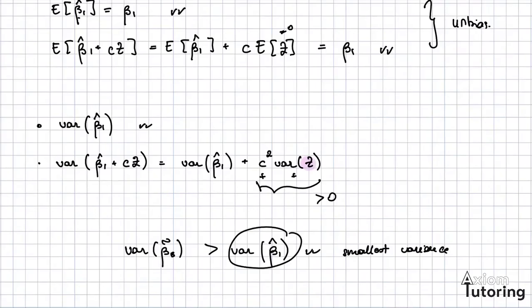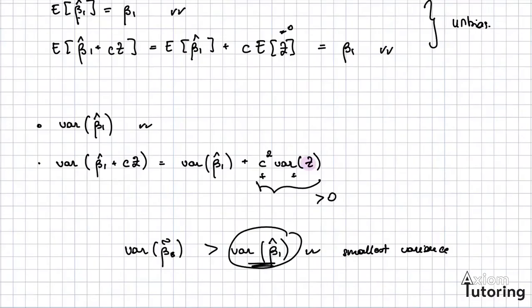There is a connection here also to the Gauss-Markov theorem, because in a sense, it's also a preview of the theorem itself, because it says among all linear unbiased estimators, remember, OLS has the smallest variance. And again, in here, the variance of the beta 1 hat was indeed the one with the smallest variance.